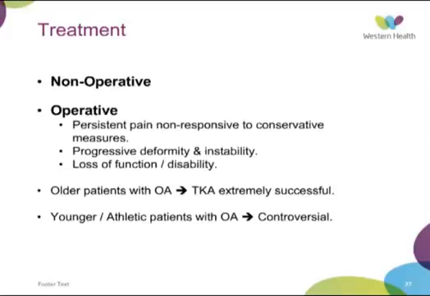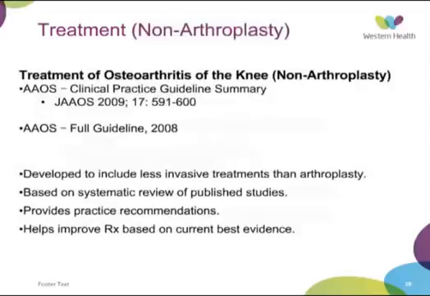Older patients with osteoarthritis will tend to eventually have a total knee arthroplasty, which has proven to be rather successful. However, for younger patients or athletic patients with osteoarthritis, the management of that isn't clear cut. It can be controversial.